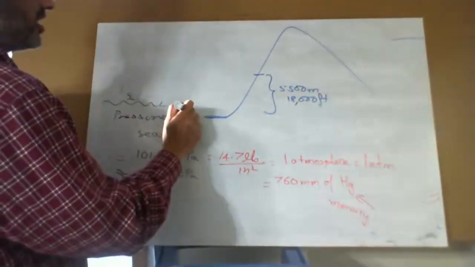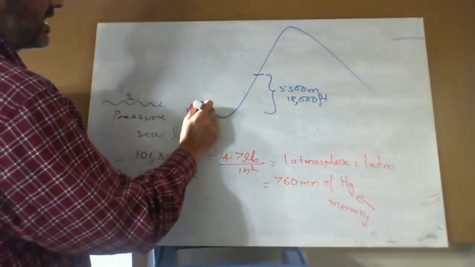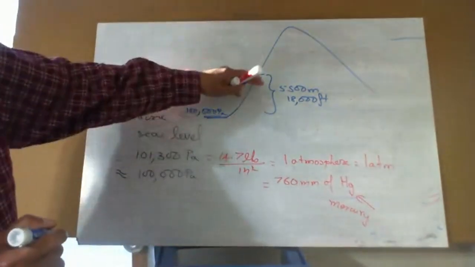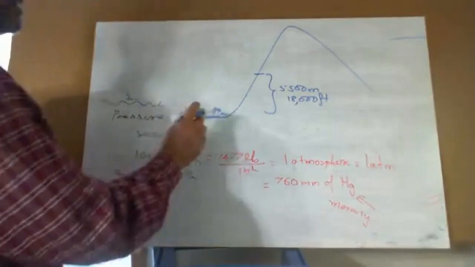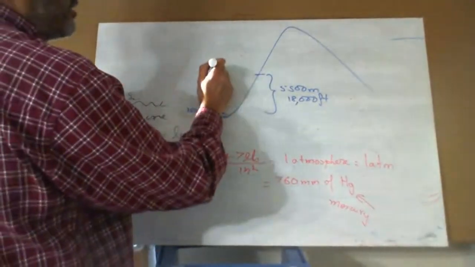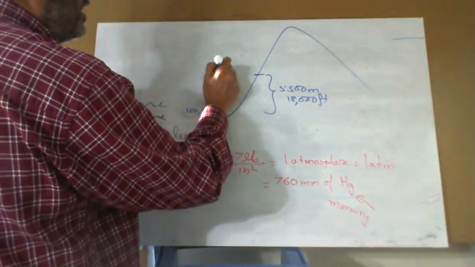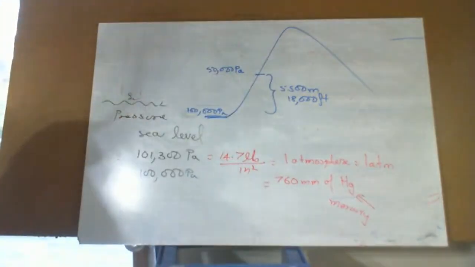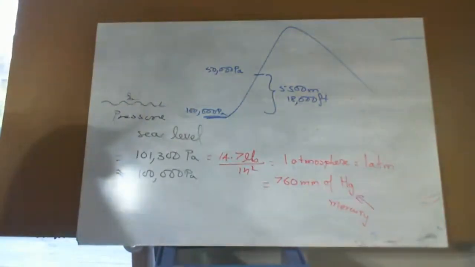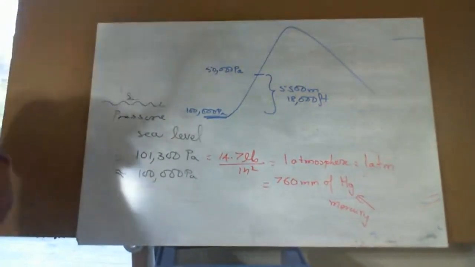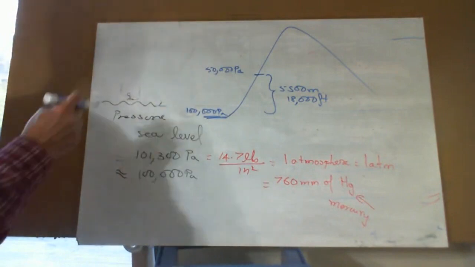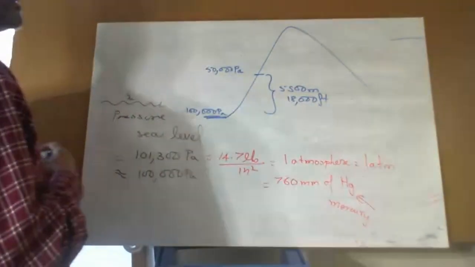So if the pressure at sea level is 100,000 pascals, and you climb up 18,000 feet, the pressure will drop to half, 50,000 pascals. That's because there's less air above you. Remember, the air goes up a certain distance and then it gets very thin.